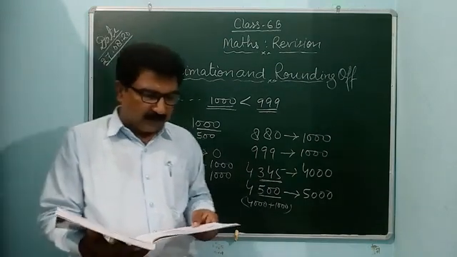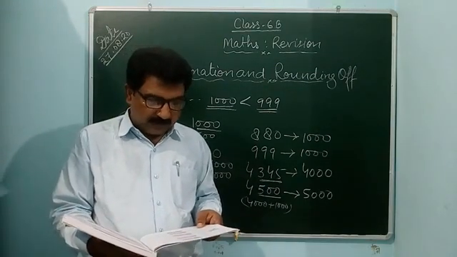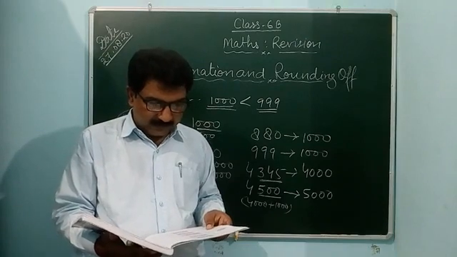It is given 5,392, and it asks for the nearest 1000.